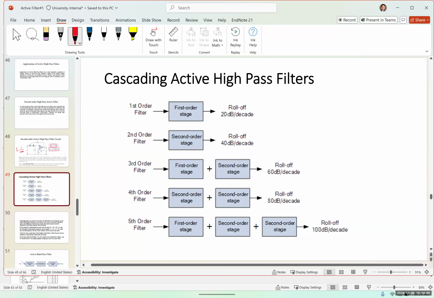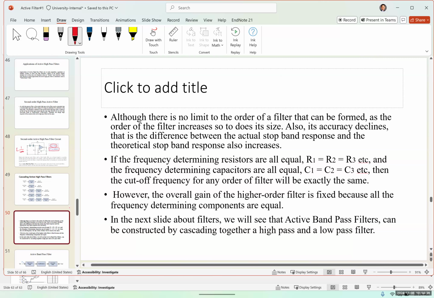Seventh order would be one first order and three second orders, for example, etc. Usually, I've never seen anything in practice more than like fifth order. It's going to add a lot of unnecessary complexity. It's going to make it very, very complex.